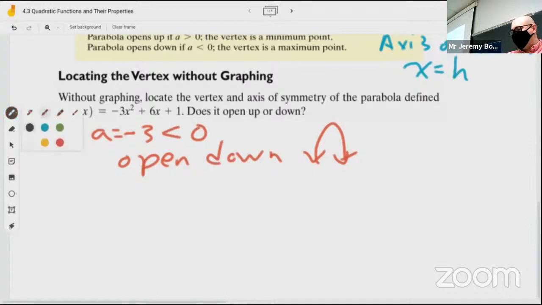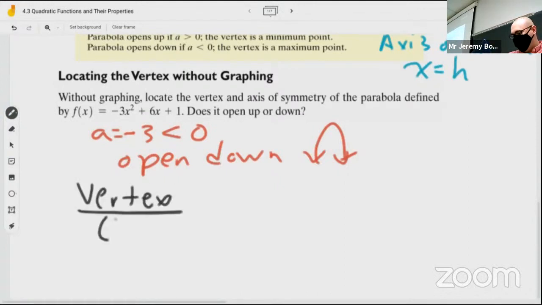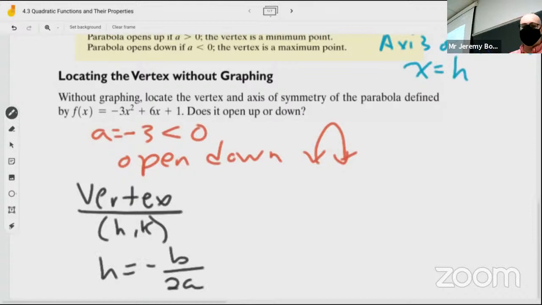The next, what do we want to try to do? Let's find h and k. Let's find the vertex. So to find h, remember it's negative b over 2a. The easy part of a quadratic.